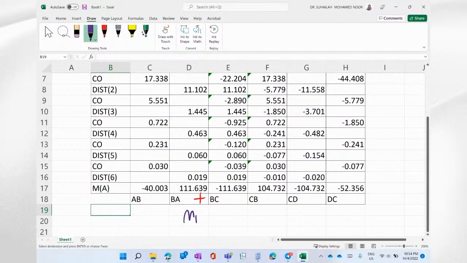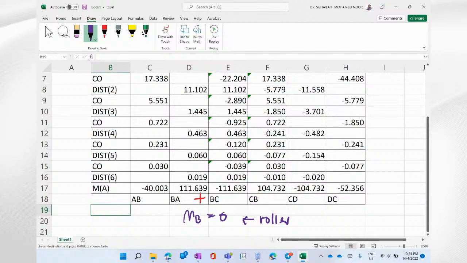MB is equal to 0, represented by a roller. And there's no moment in a roller. So when we combine the members, it is actually a roller at position B and there is no moment at the roller.